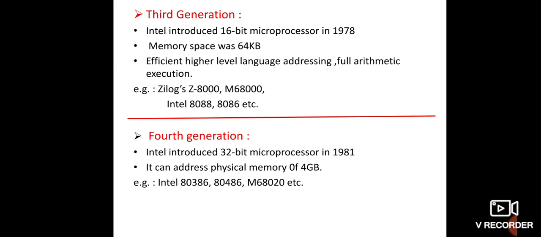In this generation, Intel developed the 80386 microprocessor, the 80486 microprocessor, and also the Motorola 68020 microprocessor. These were developed in the 4th generation along with the 32-bit microprocessor.